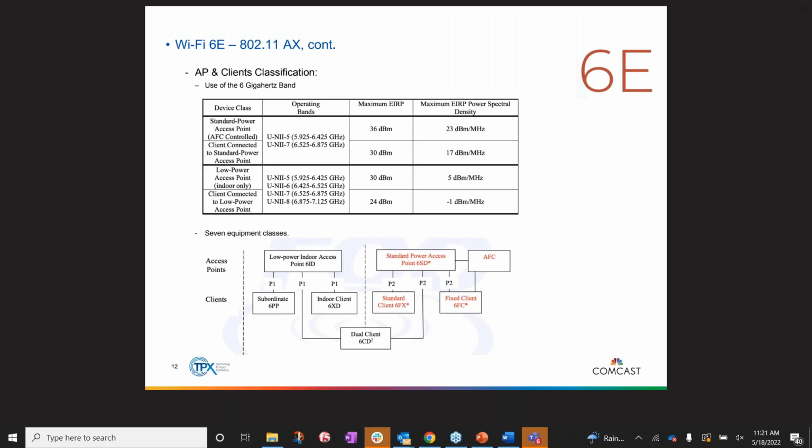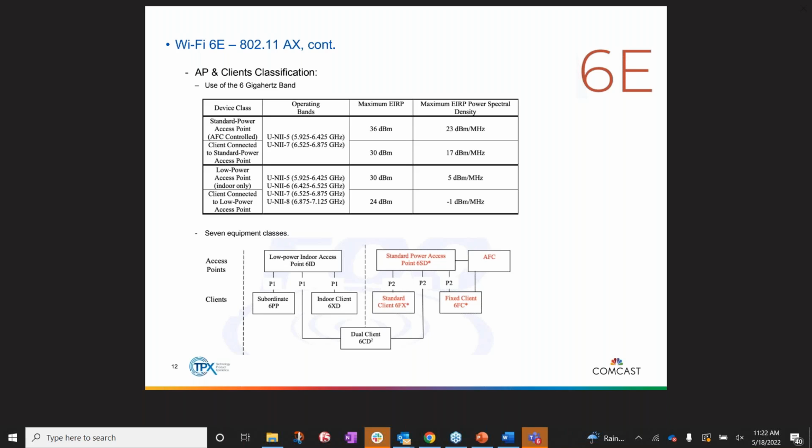Low-power indoor is another classification from FCC that can operate anywhere from UNII-5 to UNII-8. That is the entire 1,200 megahertz spectrum, at 30 dBm.